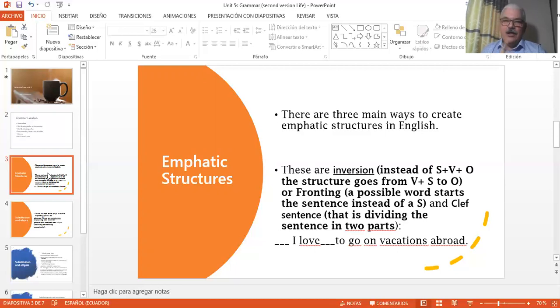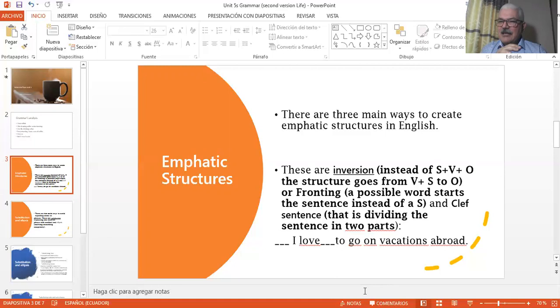What's that? Well, it's quite simple. It is when you divide the sentence into different parts so that you may include other elements, okay? For instance, in this sentence you have here, when we just say, I love to go on vacations abroad. That's something that I love, but we can say that with more emphasis, okay?